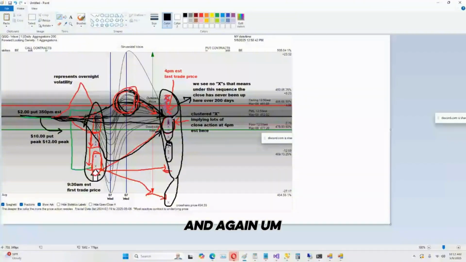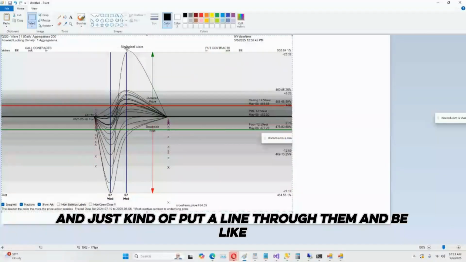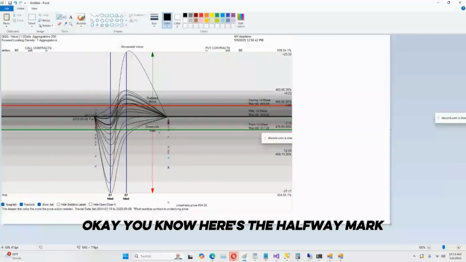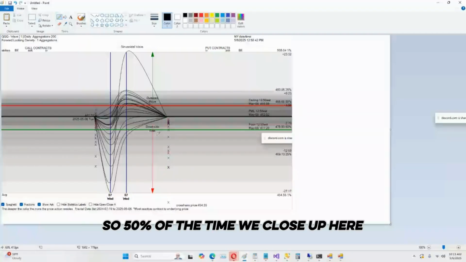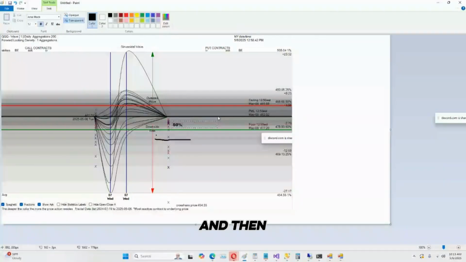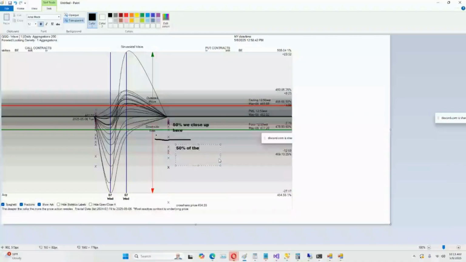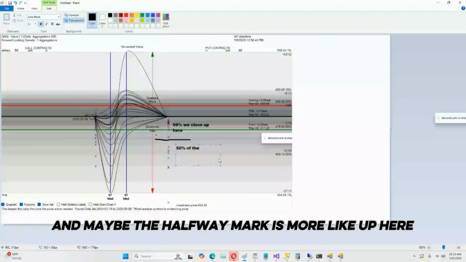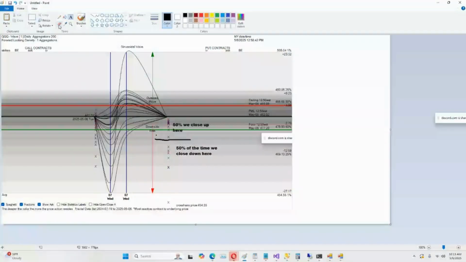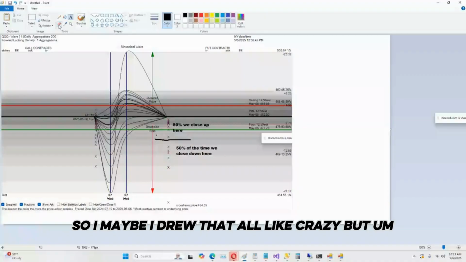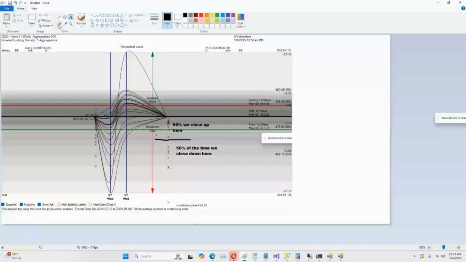And again, we can look at our X's. I can just put a line through them and say, okay, here's the halfway mark. So 50% of the time we close up here, and 50% of the time we close down here. Maybe the halfway mark is more like up here. Maybe I drew that crazy, but something like that.